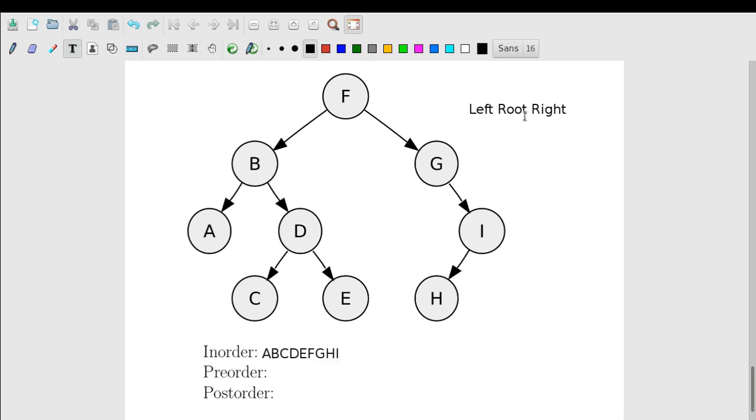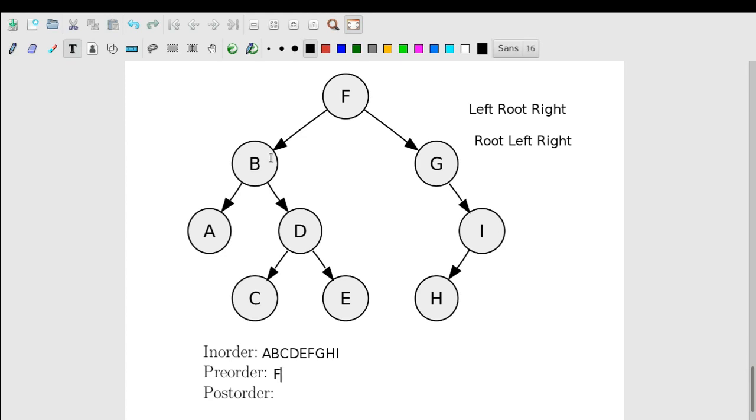In the case of pre-order traversal, the order is root, left subtree, right subtree. Left and right are recursive calls. So again you will be starting from F. F will be printed. The call is root, left, right.